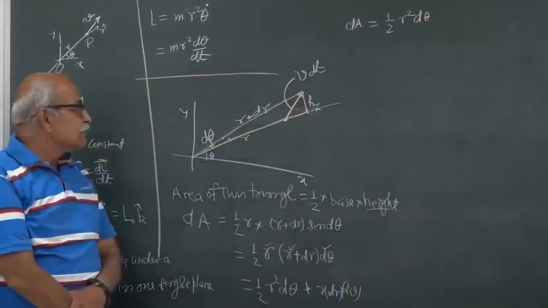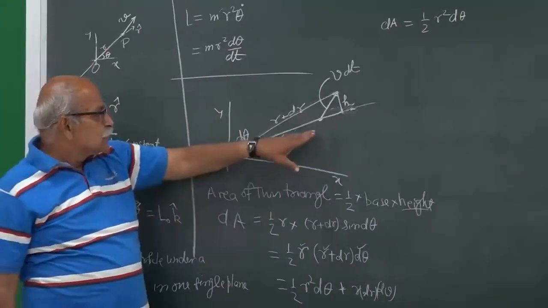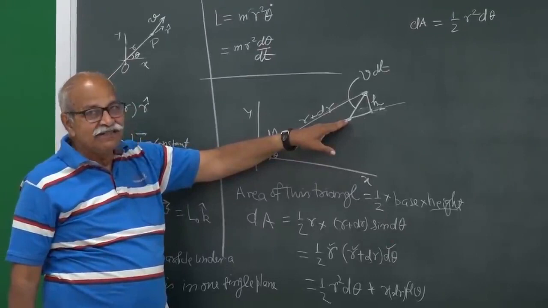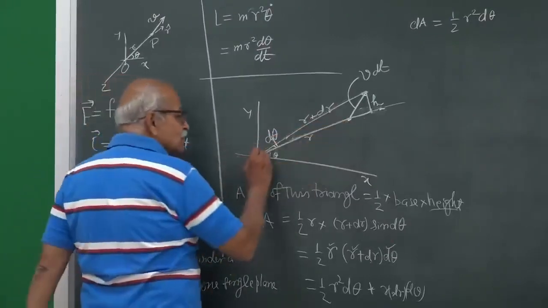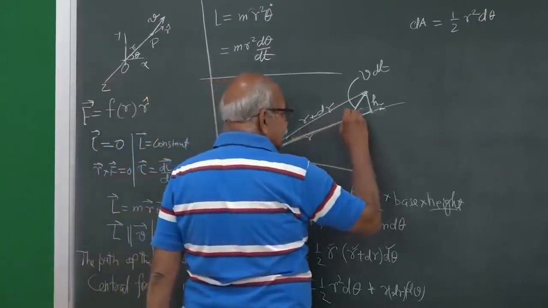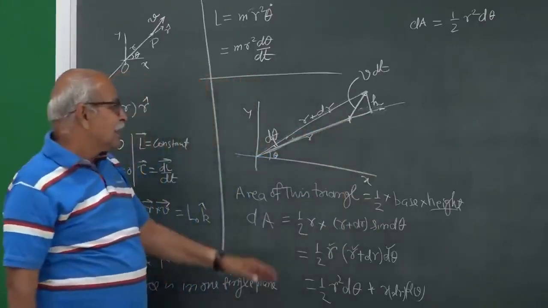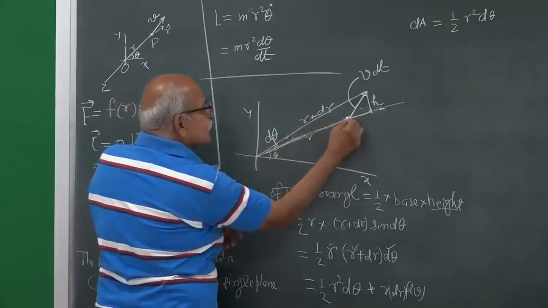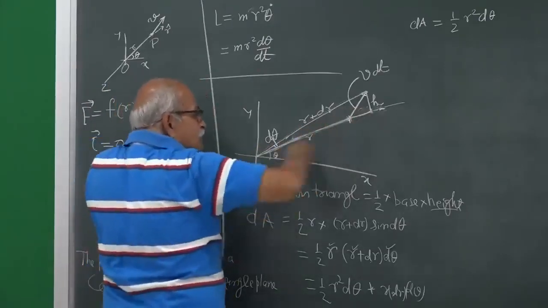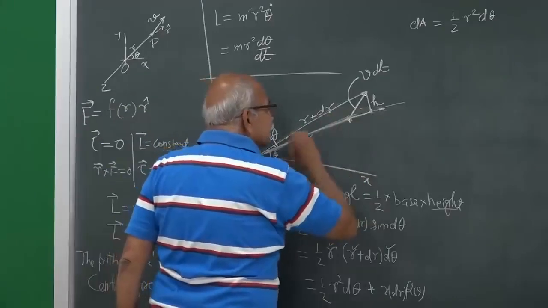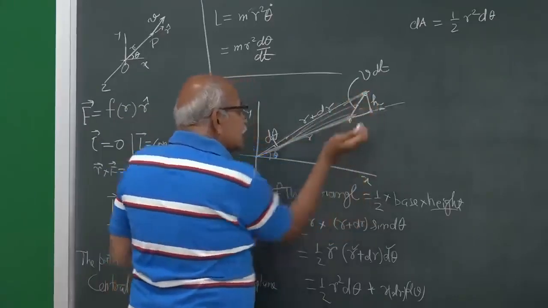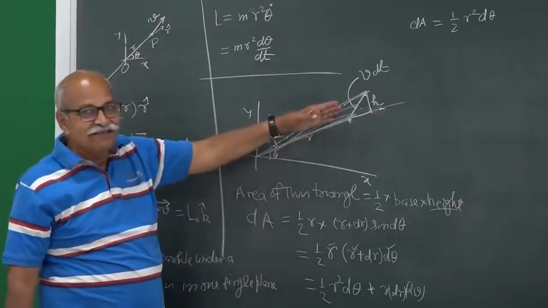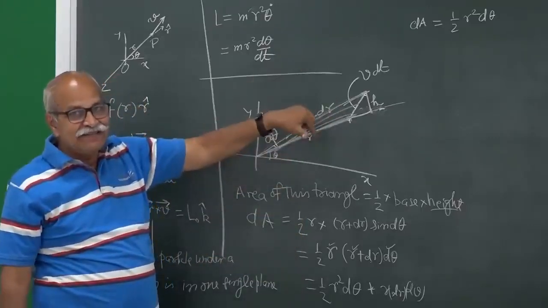That is the area swept by this radius vector in time dt. The particle is moving along the path, but you draw this radius vector from each point of the path, as if this radial line is sweeping this area in time dt.